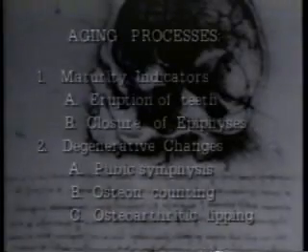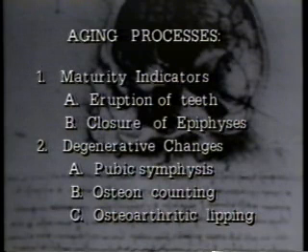Well, with that, we'll put these down and see if we can't now summarize just a little bit. We'll summarize the aging processes that we've talked about. When you're trying to determine the age of a skeleton that comes in, what you're looking for are either the maturity indicators, the eruption of the teeth, the closure of the epiphyses.